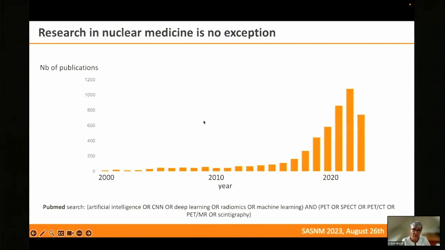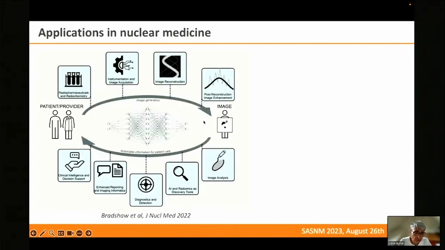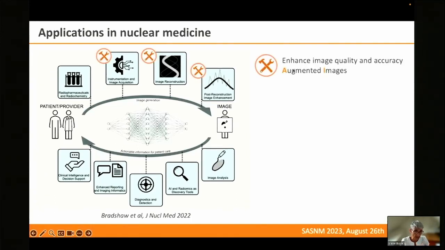An AI algorithm can actually be used at each step involved in the management of a patient undergoing a nuclear medicine scan, as nicely summarized in that figure. It can be used first to enhance image quality and accuracy.